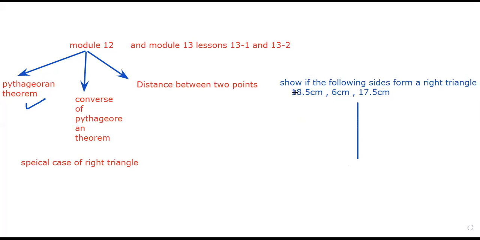I'm going to pick the greatest one on my left hand, which is 18.5 all to the power of 2. On the opposite side, I'm going to put 6 to the power of 2 plus 17.5 all to the power of 2.